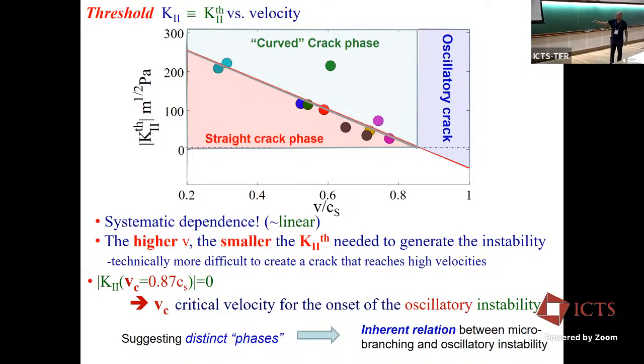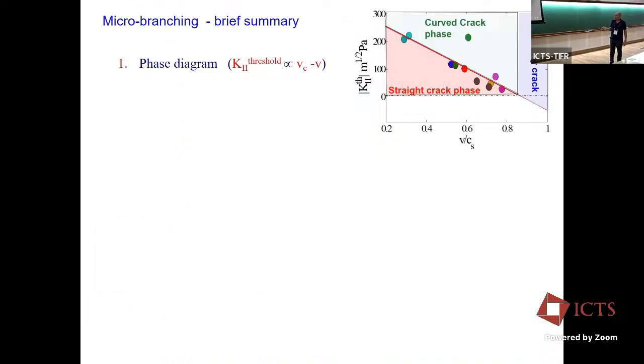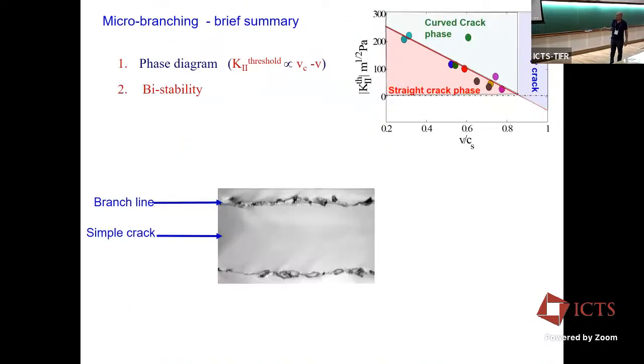So again, the intercept of this line is exactly the critical velocity for the oscillatory instability. This picture basically supports this idea of bistability of a branched crack state and a simple crack.